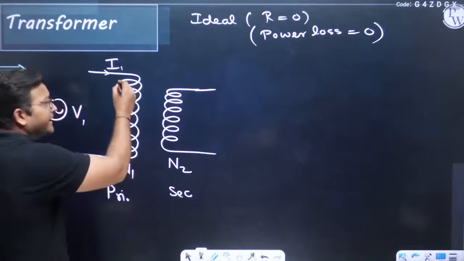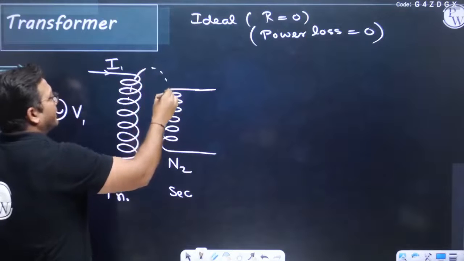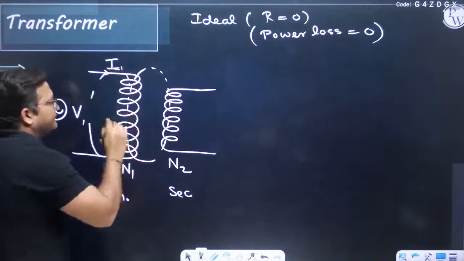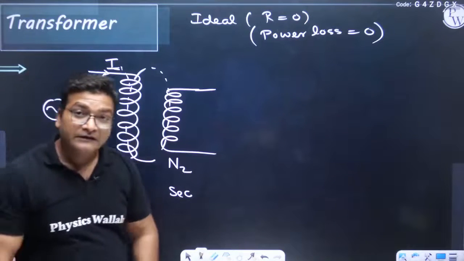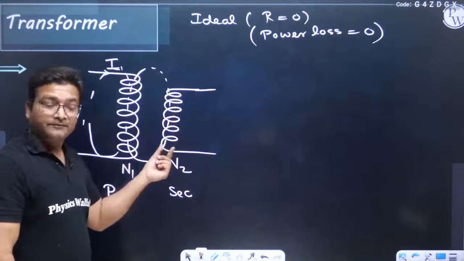So this alternating current creates an alternating flux. Some of this flux may also pass through the secondary coil.